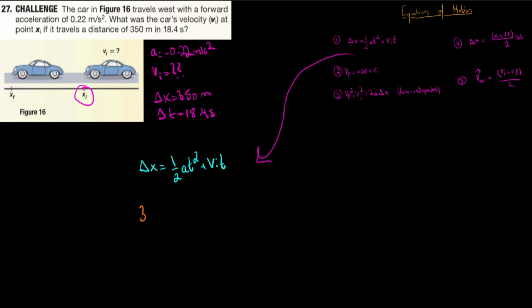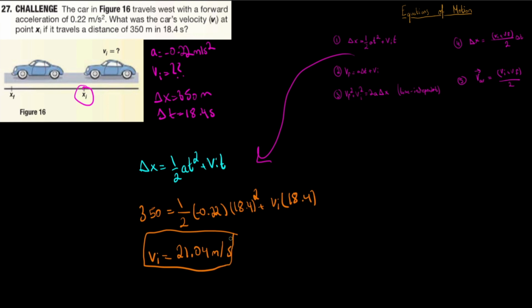We can do delta x is 250 equal to half at, where a is negative 0.22, and t is 18.4 seconds squared, plus the initial velocity times 18.4. Now just plop this in a calculator, and you will get initial velocity being 21.04 meters per second. That is going to be your answer.